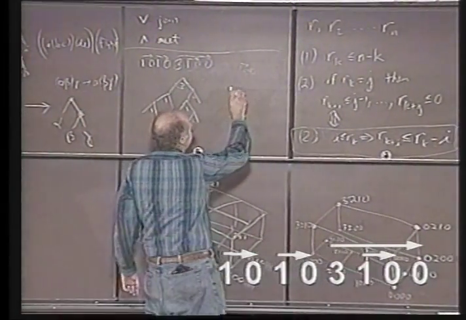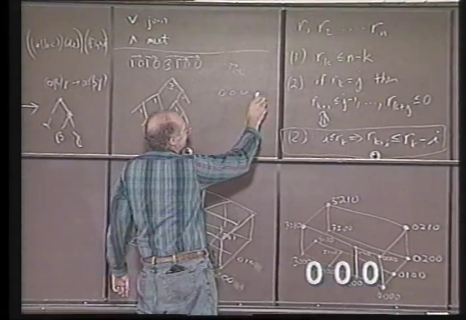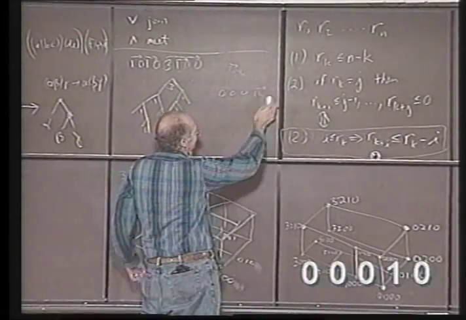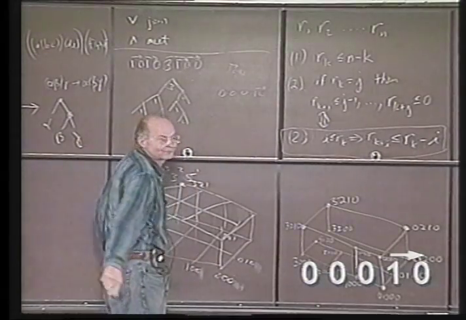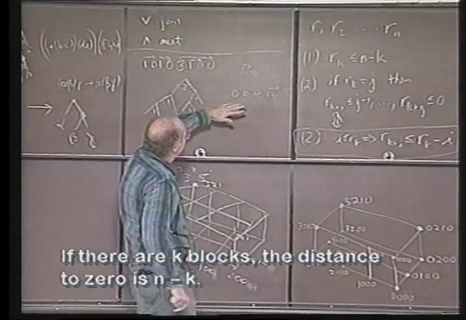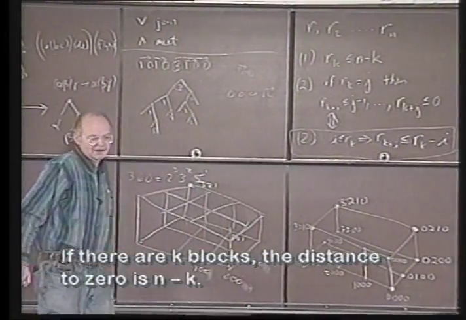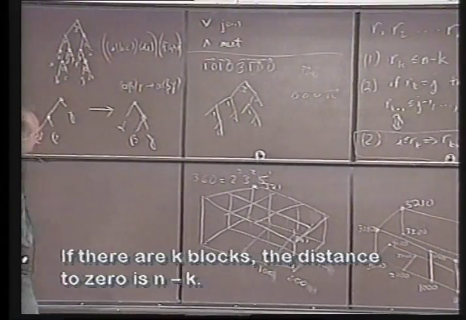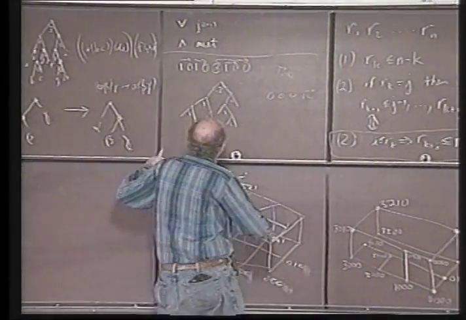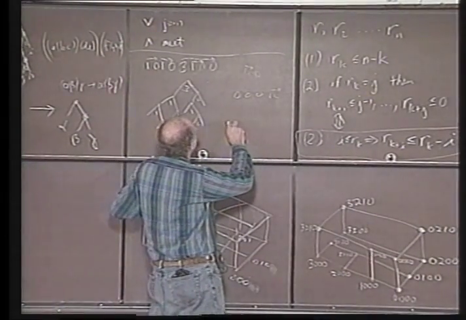If I had 0, 0, 0, that would be 0 by itself is a block, but then if I have 1, 0, this would combine it and so on. This has 4 blocks. If there are k blocks, the distance to 0 is n minus k. And it's obvious because every rotation, if we look at rotations in terms of blocks, it's easy to interpret it.